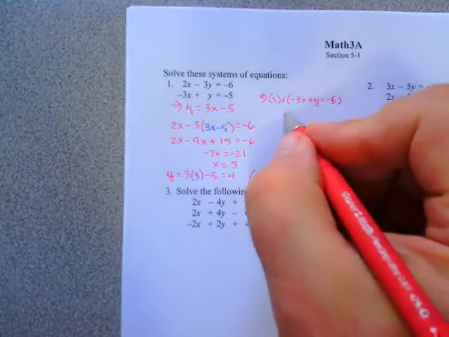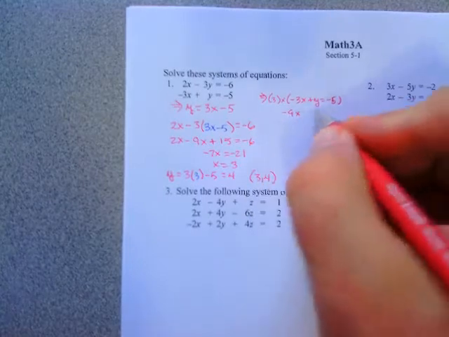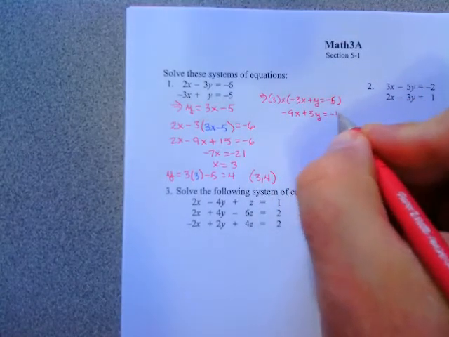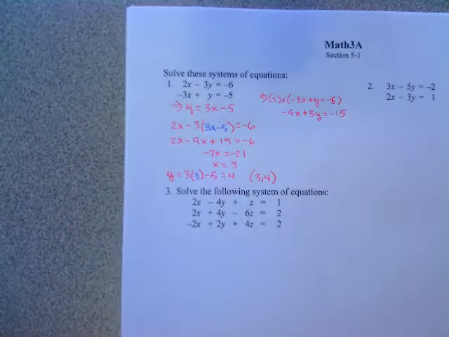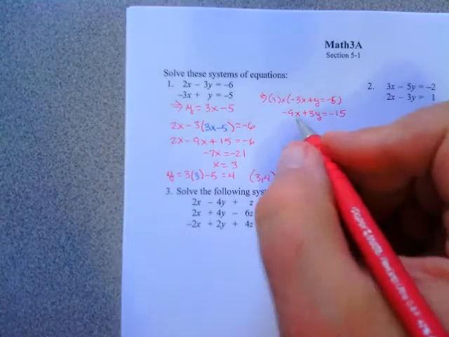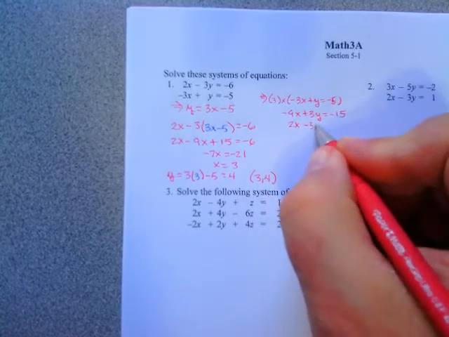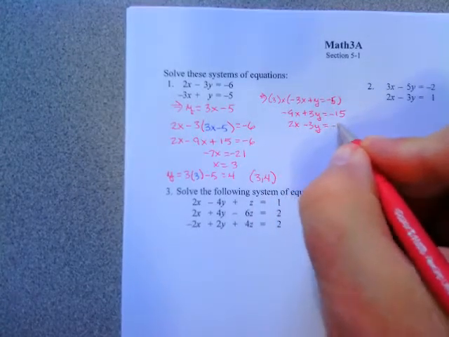So that would give us negative 9x plus 3y equals negative 15. Now, the other equation, which I haven't done anything to, that is 2x subtract 3y equals negative 6.